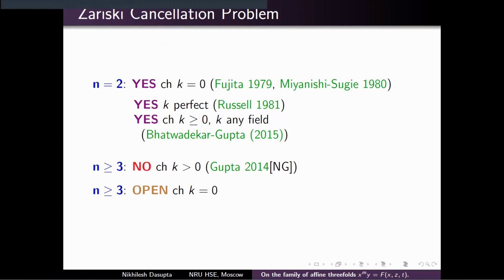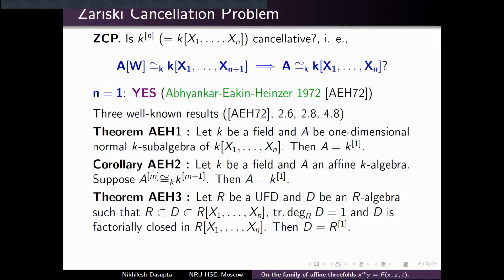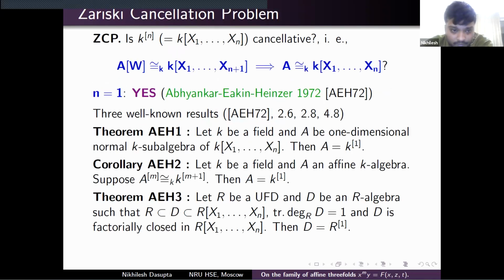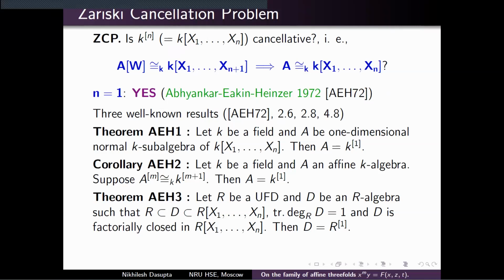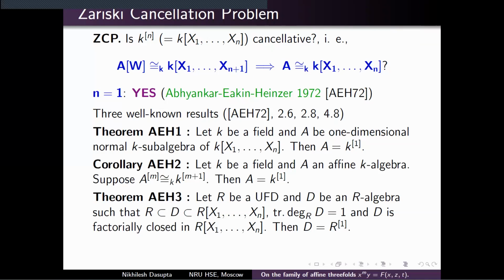In the previous page, when you said that it is a corollary of AH2, don't you need that A is normal? If A^[m] = k^[m+1], A is a retract of A^[m]. k^[m+1] is a normal domain. If you have a retract of a normal domain, it is always a normal domain. It will follow, but there might be simpler proofs of that.